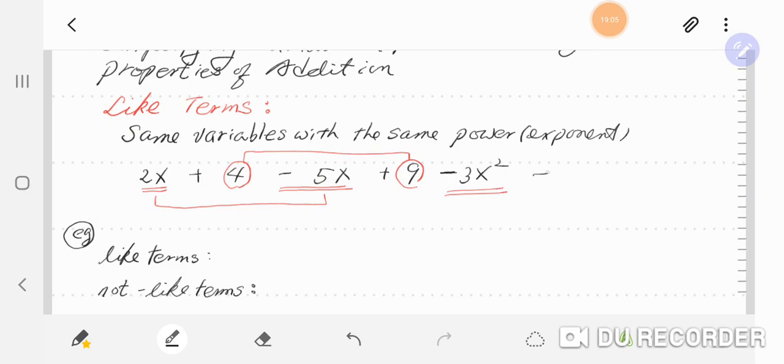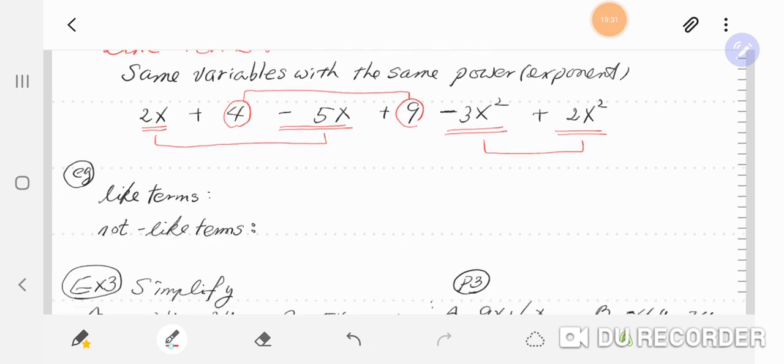What if I add another term like 2x squared? Then negative 3x squared and positive 2x squared are like terms because both have variable x and the same exponent, 2. So they are like terms.